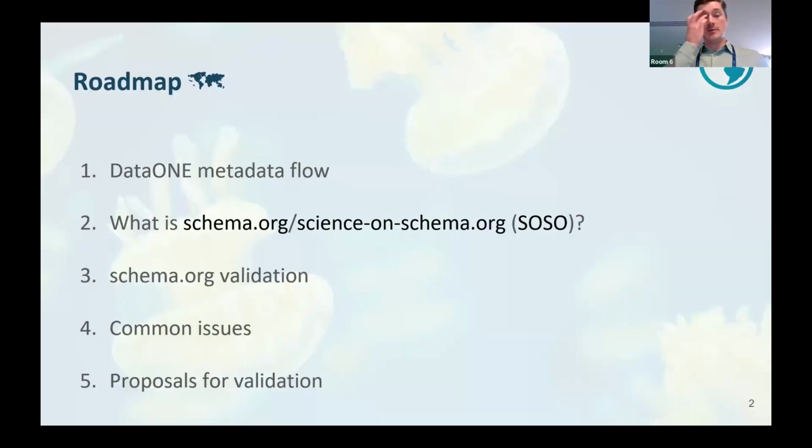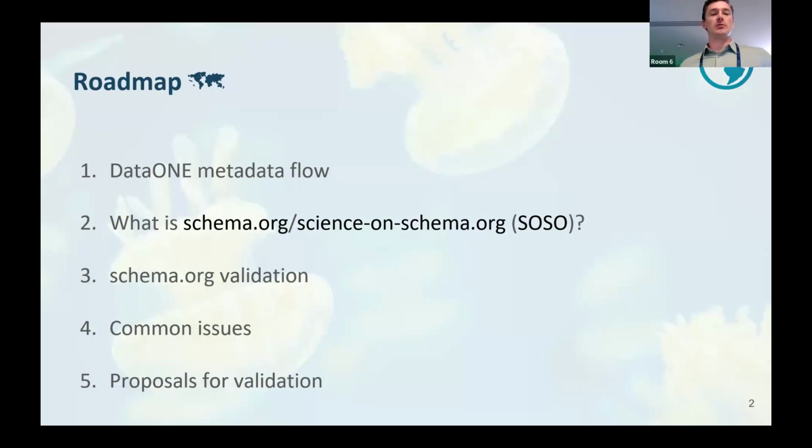Let's get right into it. The roadmap for where we're going to go today is I'm going to start with talking about the flow of metadata through the Data One services from the schema.org repository, through Data One's systems and then into the search index. We're going to talk about a brief overview of what Matt just touched on, which is what is science on schema.org.